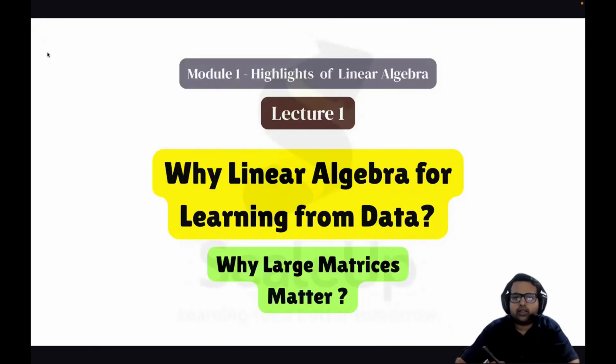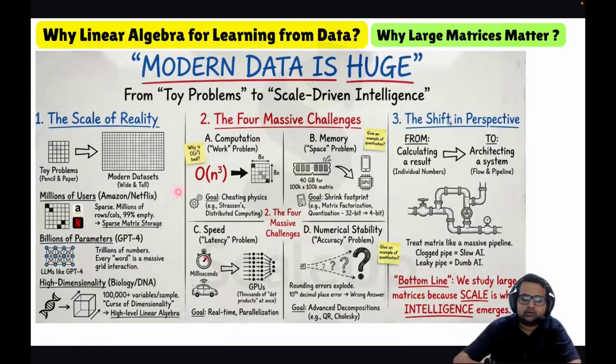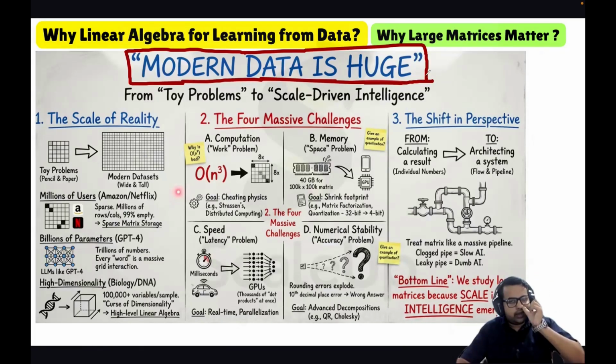Now let us look at why large matrices matter. See, modern data is huge. In the early days of computing, we dealt with toy problems, a few dozen data points that a human could check with a pencil.